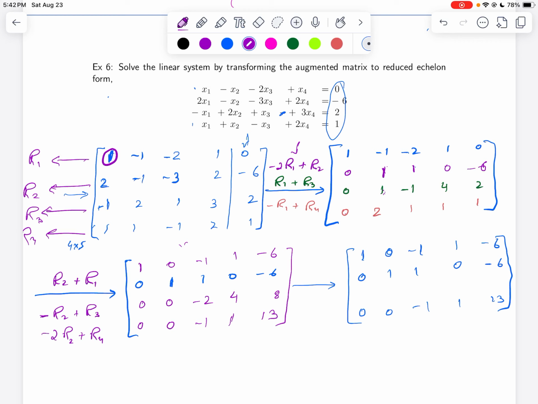In order to have this number as a 0, I have to multiply the first row by -2 and add it into the second row. So this is how I wrote it here, -2 R1 plus R2. Now remember the order in which the numbers will be calculated.